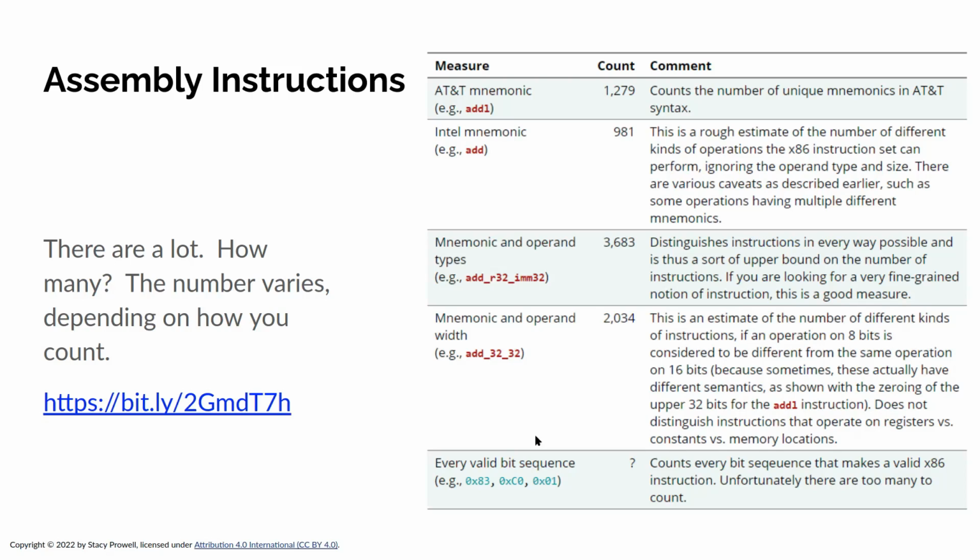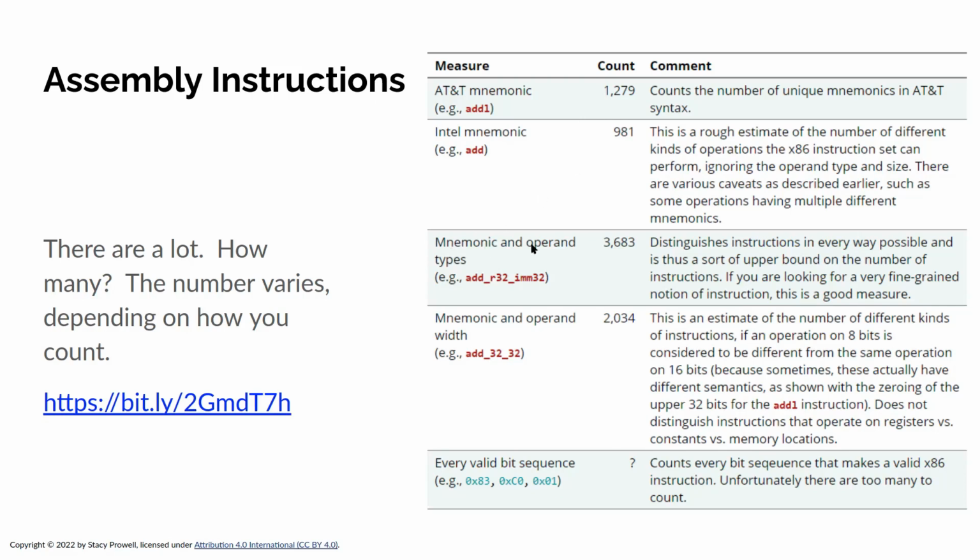So different ways of counting them based on the documentation give you different results. There are two major dialects, and we'll talk about this in a later class too, AT&T and Intel. If we count the mnemonics in the AT&T dialect, there are about 1,279. If we count the mnemonics in the Intel dialect, there are 981. So these are different ways of expressing the assembly, and there are different numbers here, which is mildly disturbing.